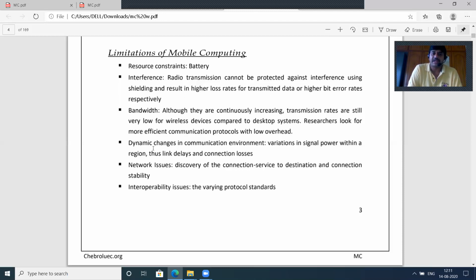And the next one, interoperability issues. Interoperability issues happen because of varying protocols. Some can use the TCP protocol, some the UDP protocol. In wireless communication, some can use WAP, the wireless application protocol, and so on. This variation happens because of protocol standards.